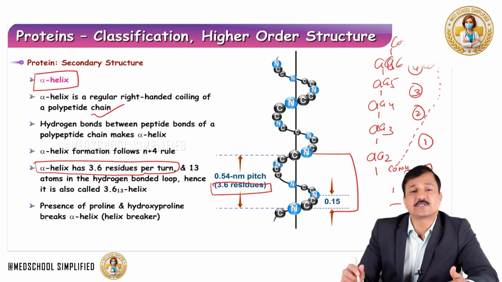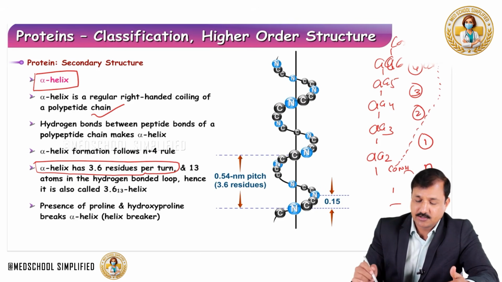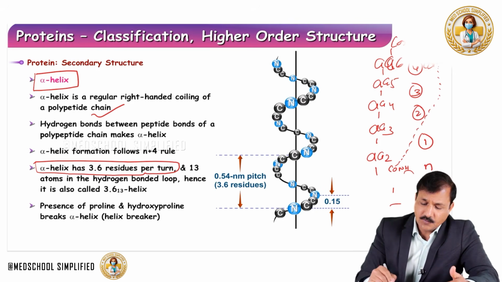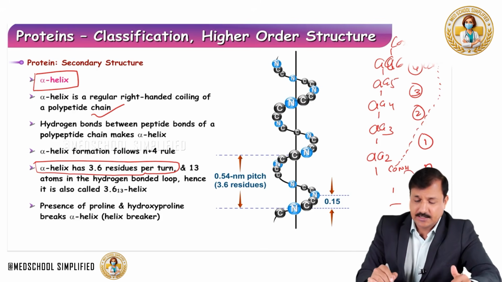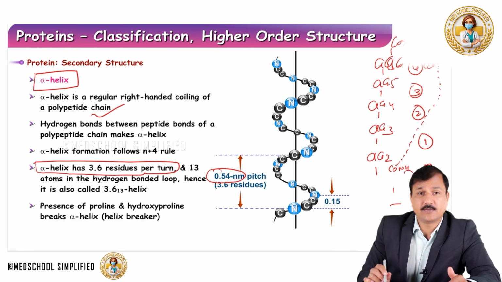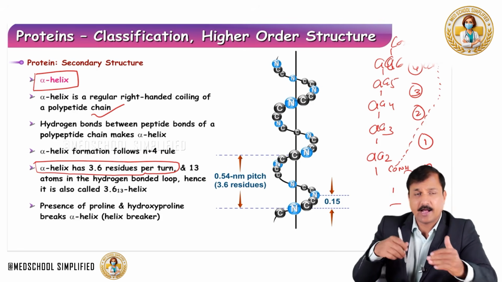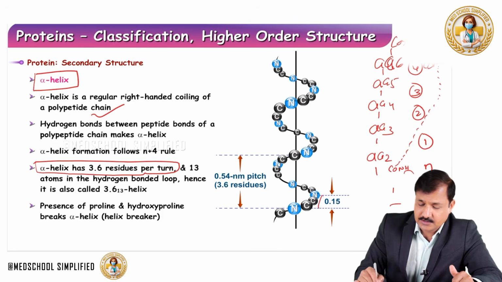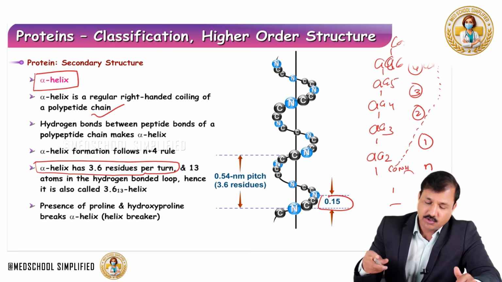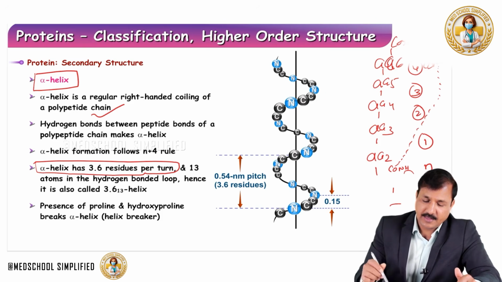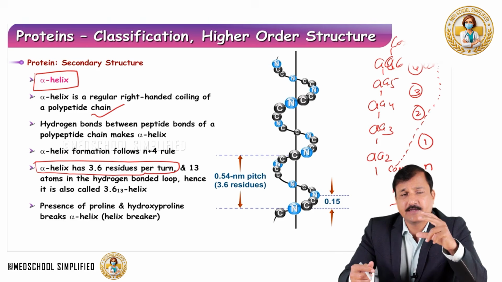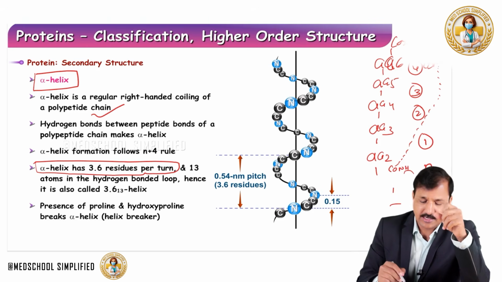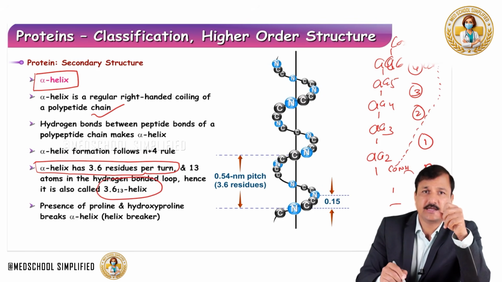That means 3.6 amino acids in that, and also the distance of that entire length of that one turn is 0.54 nanometer, and also the distance between two atoms present in that is 0.15 nanometer. And also see the number of atoms present in that one turn is 13. There are 13 atoms present in one turn of an alpha helix, and that's why it is called 3.6-13 helix.